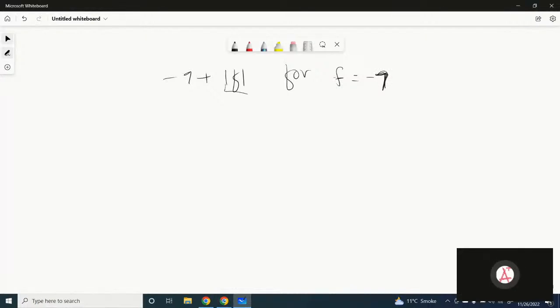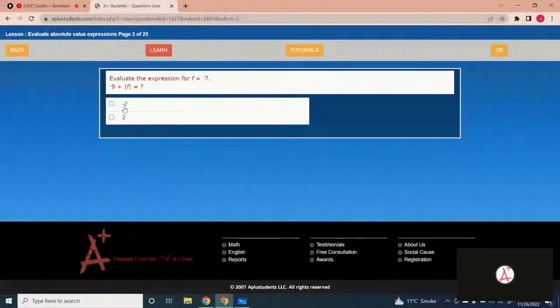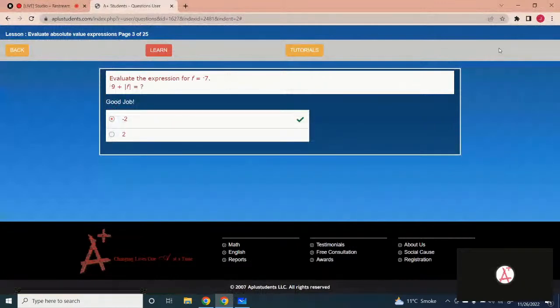So you have to calculate the absolute value of f, so it would be the absolute value of negative 7, which must be positive 7. Got it? Negative 9 plus 7 must be 2, and 9 is the greater number, so it must have a negative sign. Got it? So the answer is negative 2. Just select the correct option and click on the OK button.